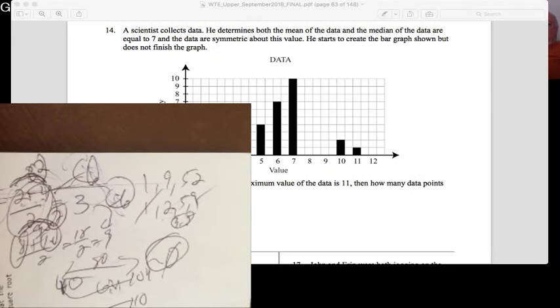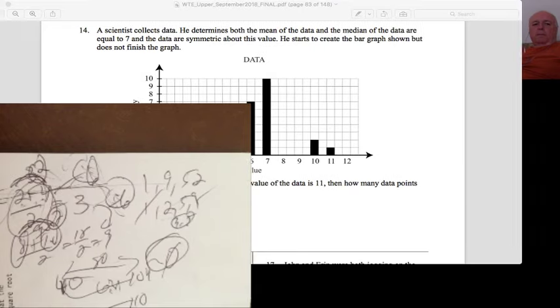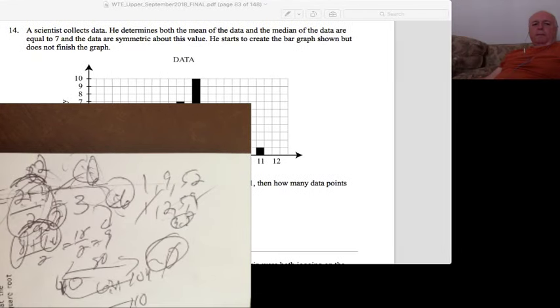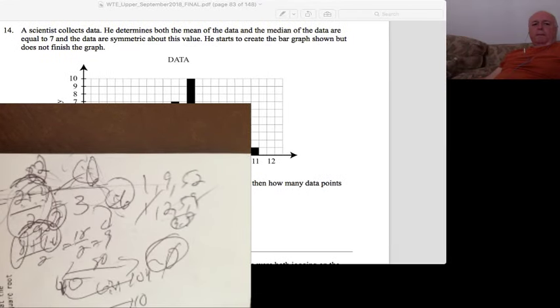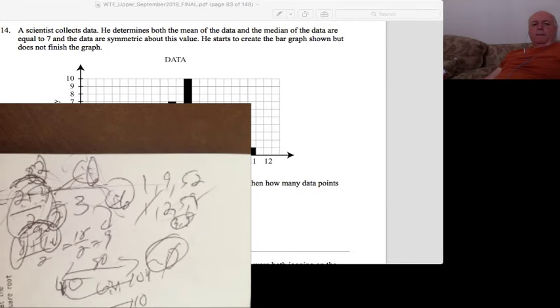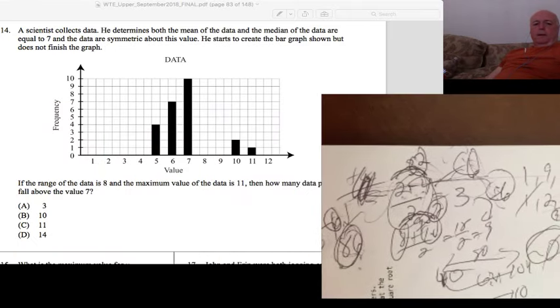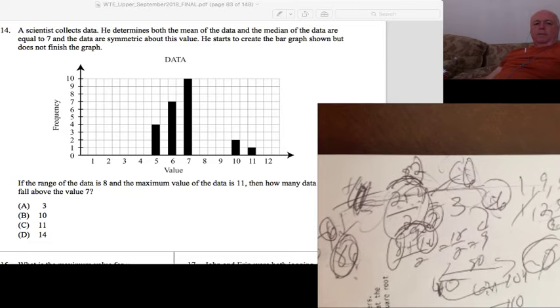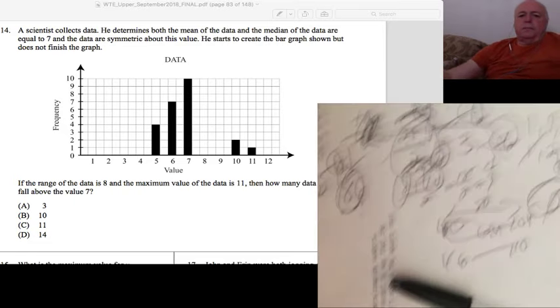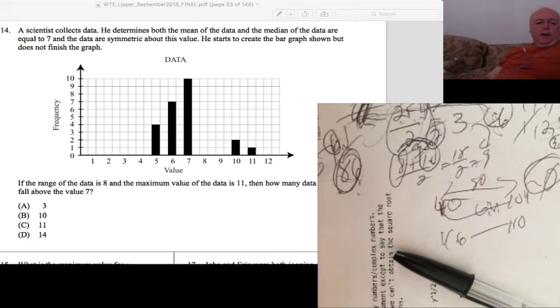Nope, that didn't work. Can we do that? Yeah, sorta. Okay, so we're going to look at the illustration first. We are not going to look at the words.